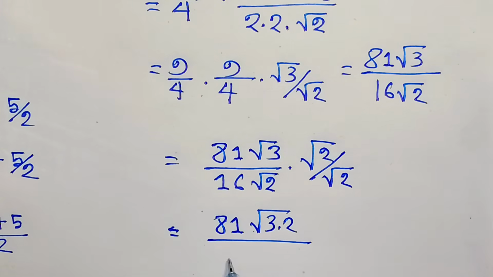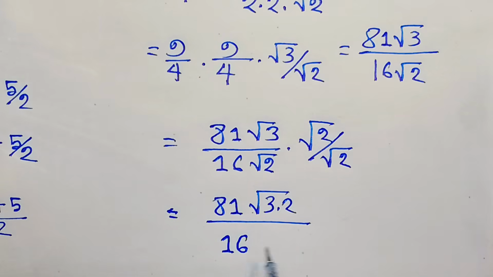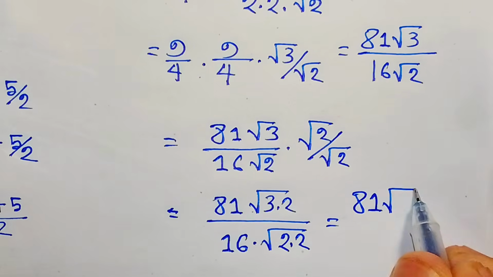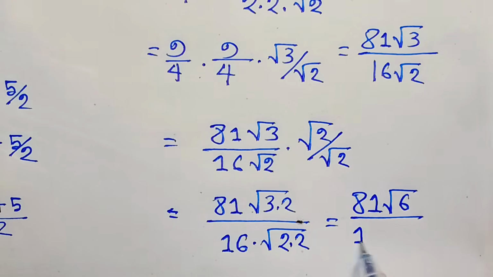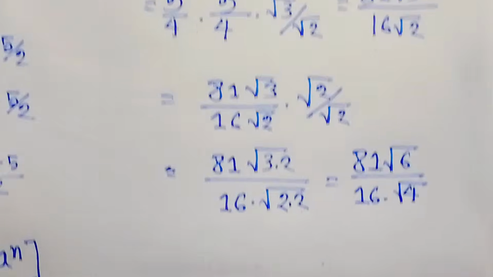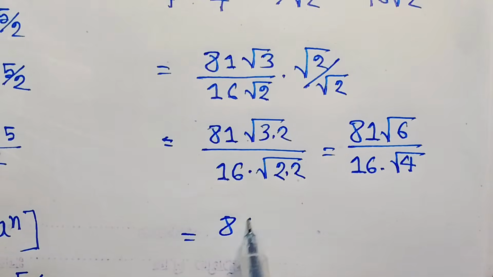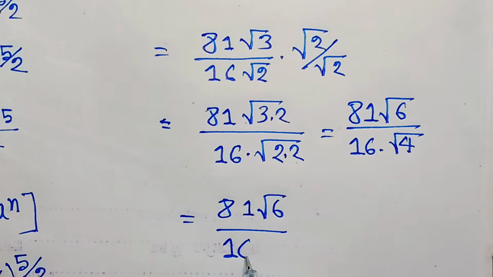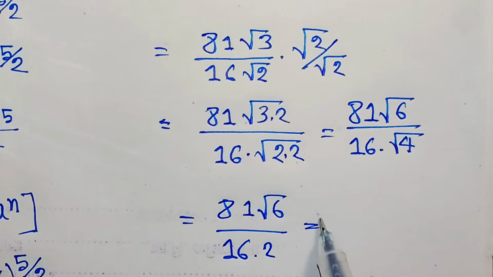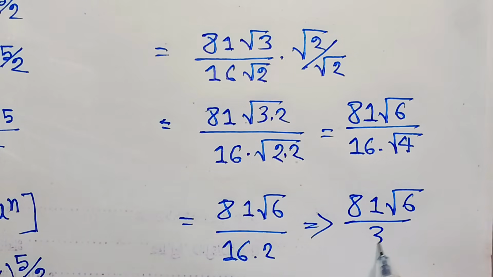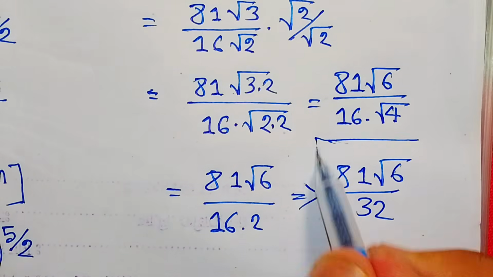After that, 81 times root over 3 times 2 and 16 times root over 2 times 2 is equal to 81 root over 6 and 16 times root over 4. So here we just write the simplified value: 81 root over 6 divided by 16 times 2. So the real value will be 81 times root over 6 divided by 32. This is the real answer.